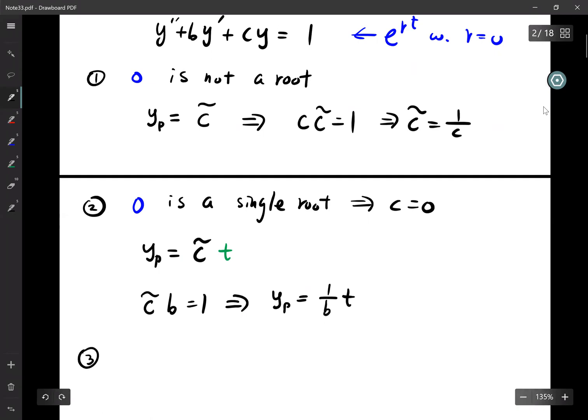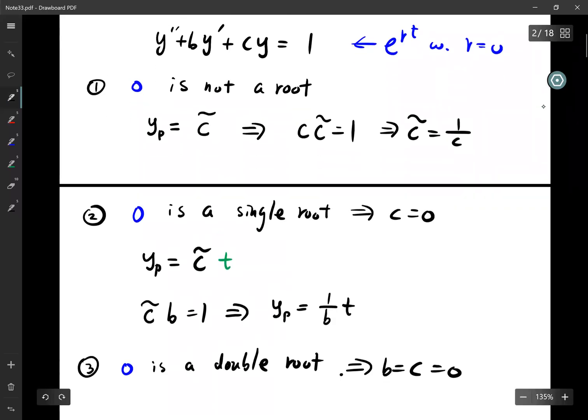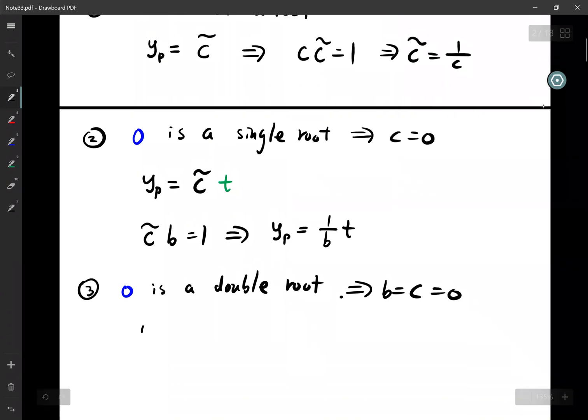The third case is 0 is a double root, or repeated root, of the auxiliary equation. If this is the case, then we must have both b and c equal to 0. The auxiliary equation is just r squared equal to 0. So we have to guess that yp is C tilde t squared.